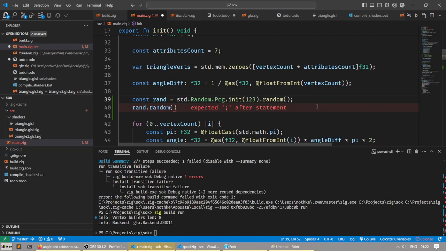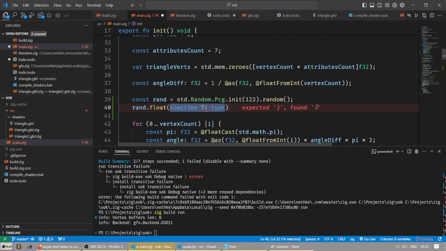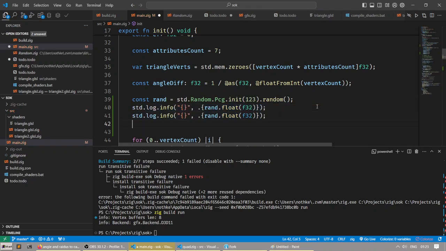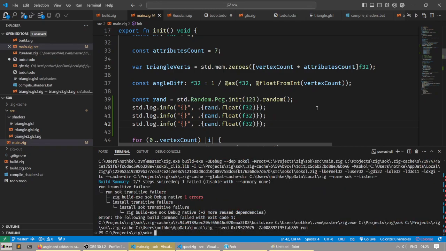The question is whether this still exists, right? So rand, that's just the interface, and we're gonna have a float of f32, and let's actually just log info just to test it. So I'm gonna do it like that, and let's do it a couple of times just to see if that works.